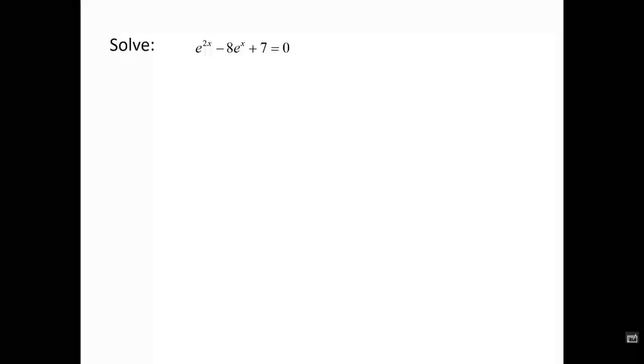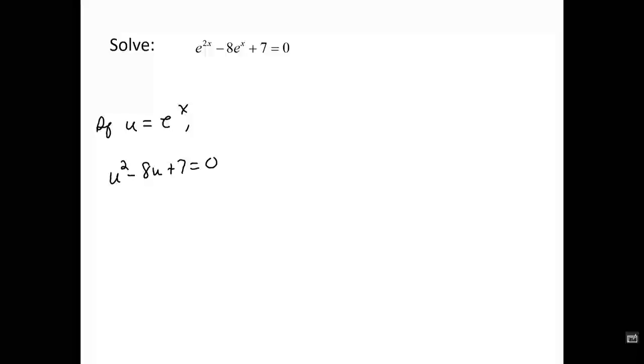In other words, if you let u be e to the x, then we can express this equation as u squared minus 8u plus 7 is equal to 0. And here we have a quadratic equation which can be solved by factoring. So let's see how this applies to the given equation.